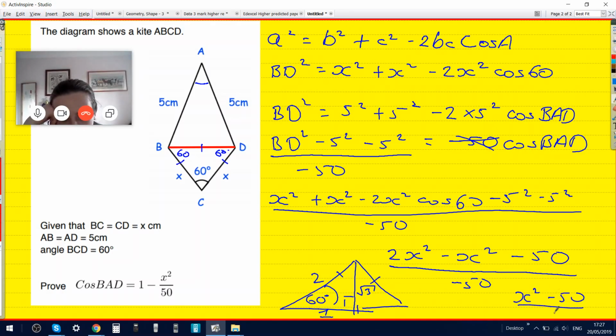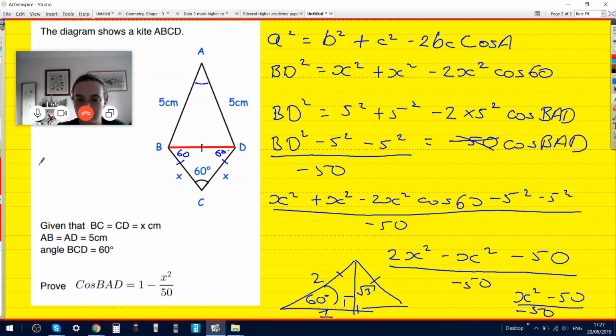X squared minus 50 over 50. Sorry, that was minus 50 on the bottom.